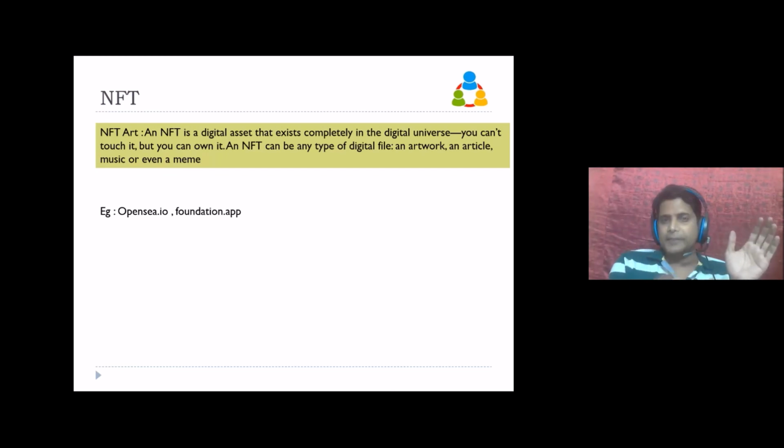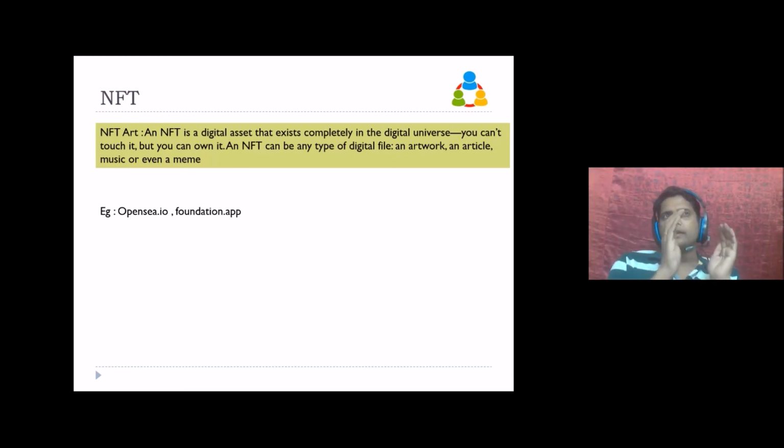There are websites called OpenSea.io and Foundation.app. These are some of the NFT platforms which help creators. Art creators can create their art, create a digital wallet on these platforms, and then upload their digital art, and the platform will help them tokenize it.